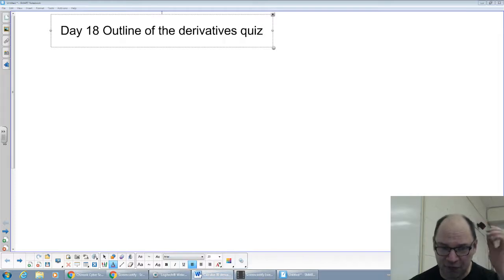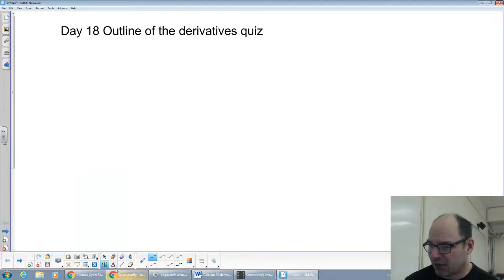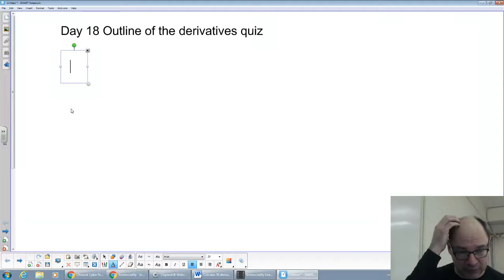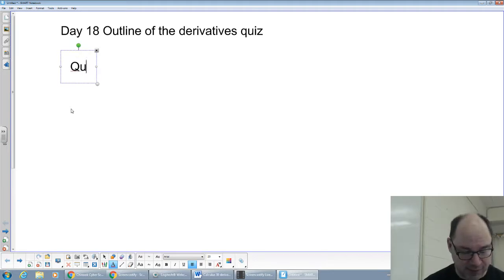If we're looking at our first question, it's derivatives, obviously, and it's finding derivatives of basic y equals x expressions like this. Question one, and it's worth 10.